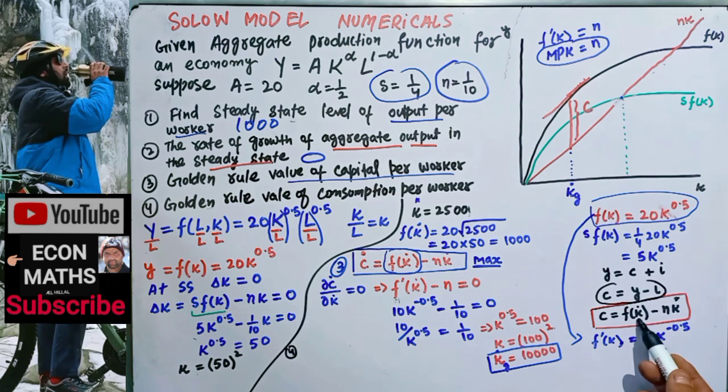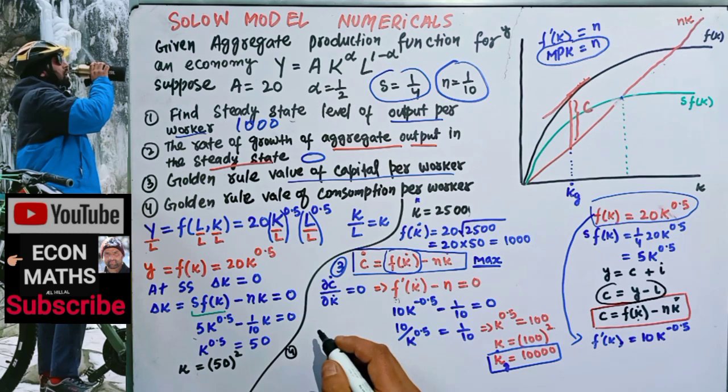So at the golden rule value we got k equal to 10,000. So let me write it here, c will be equal to f(k) minus nk.